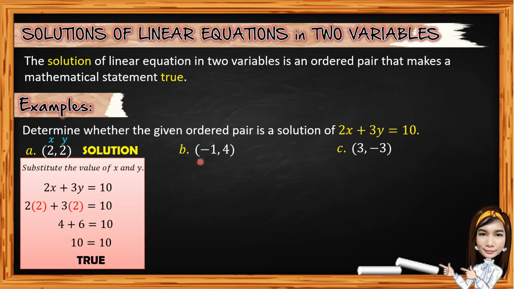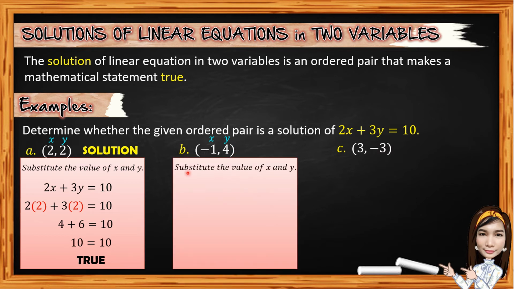Next, we have the ordered pair (-1, 4). Label, -1 is the x, 4 is the y. Next, substitute or replace the value of x and y in the given equation 2x plus 3y equals 10. So we have 2 times the value of x, which is -1, plus 3 times the value of y, which is +4, equals 10. Then simplify. 2 times -1 is -2. 3 times 4 is 12 equals 10.